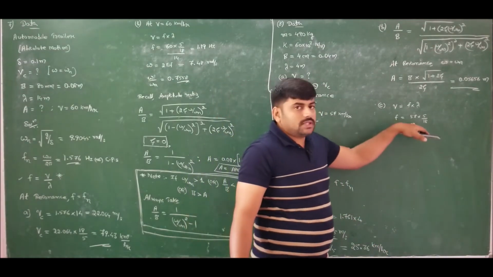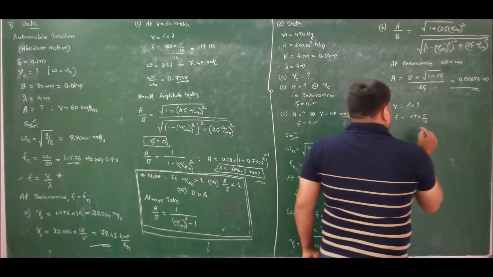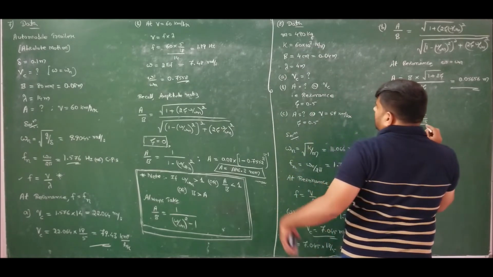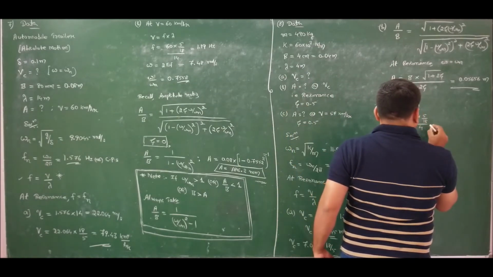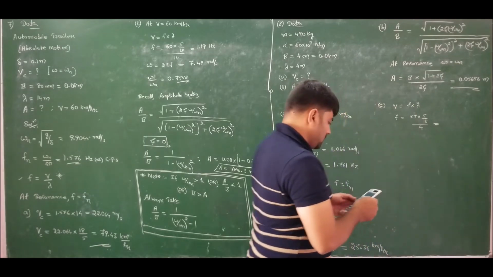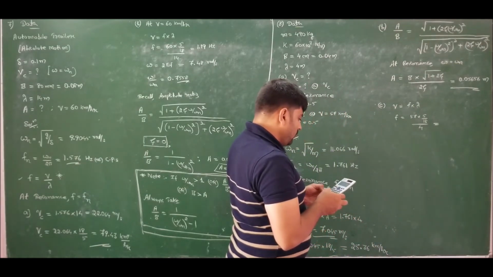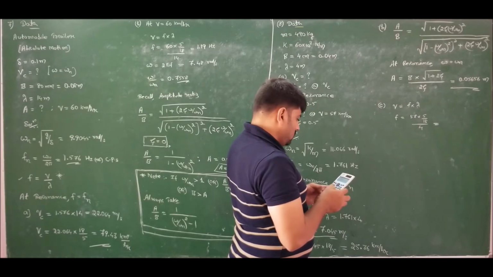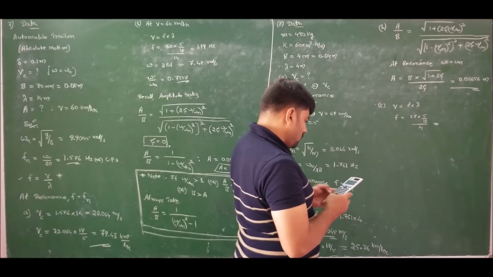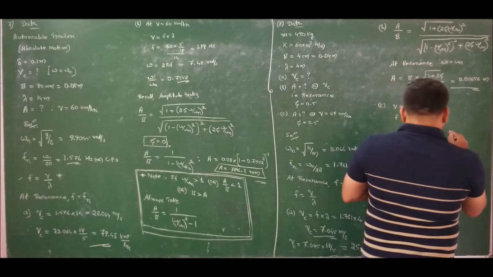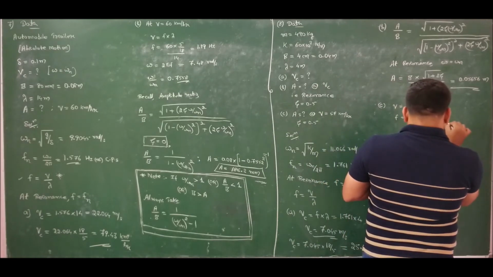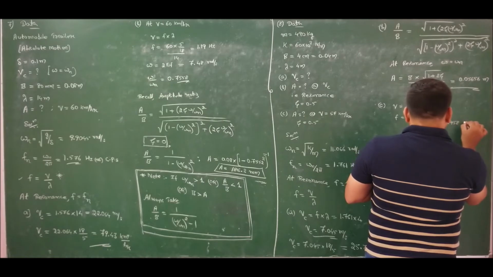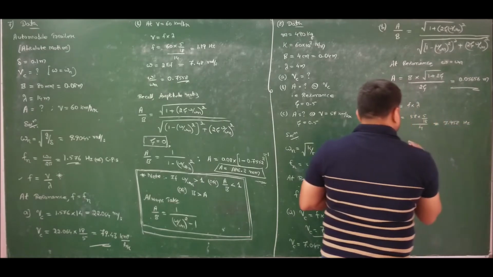I should always use meters per second. 5 by 18 meters per second divided by lambda. Lambda is 4. So hence how much is the frequency? Excitation frequency will be 57 into 5 by 18 divided by 4, which is nothing but 3.958 hertz or cycles per second.